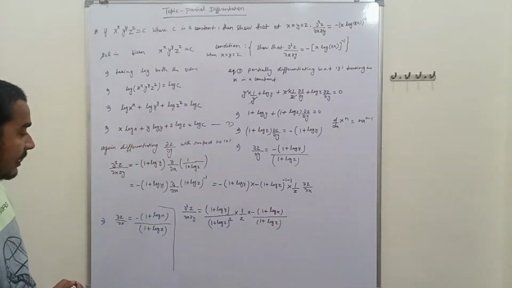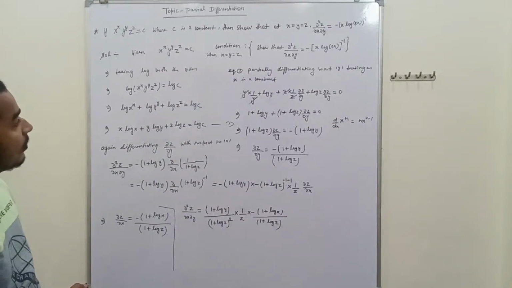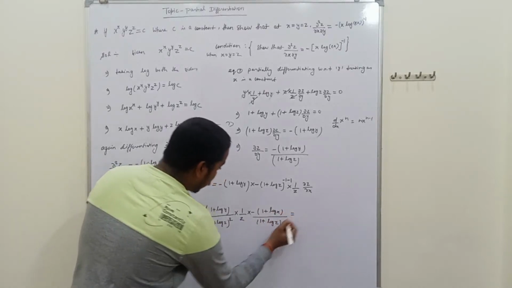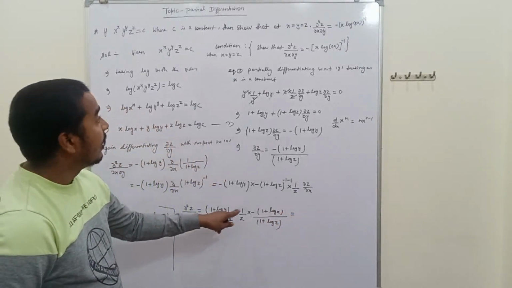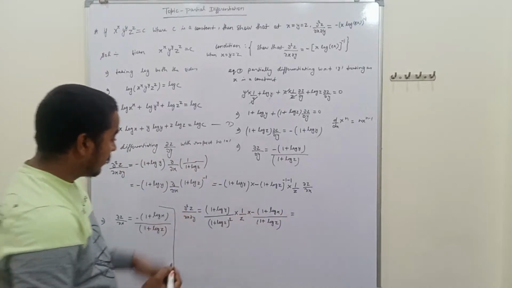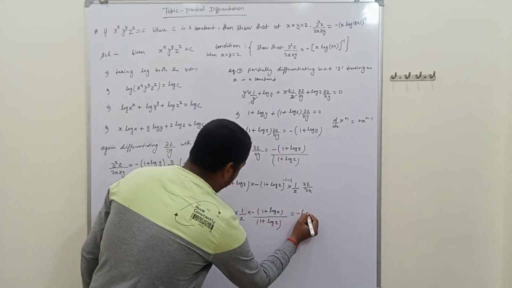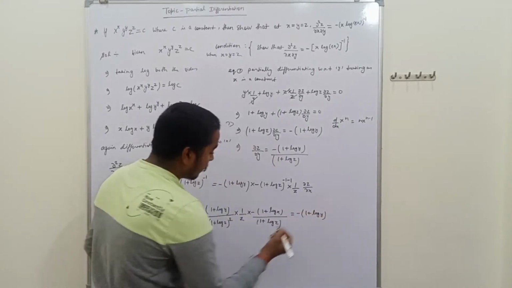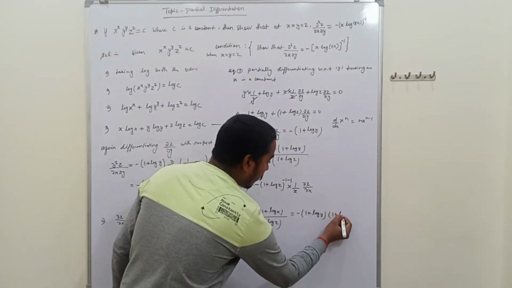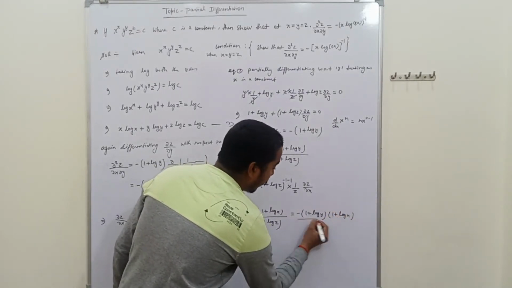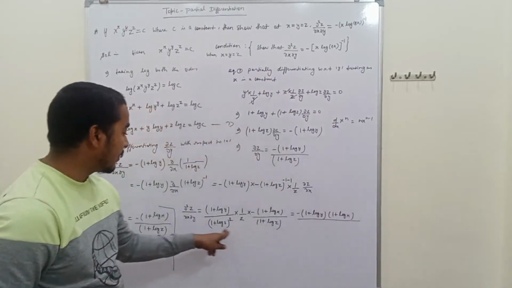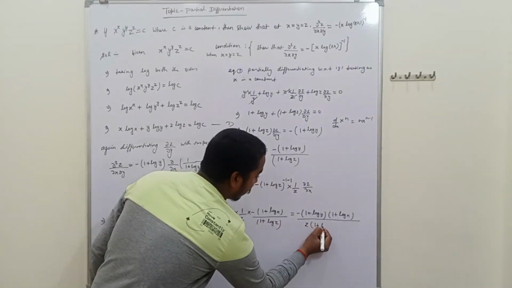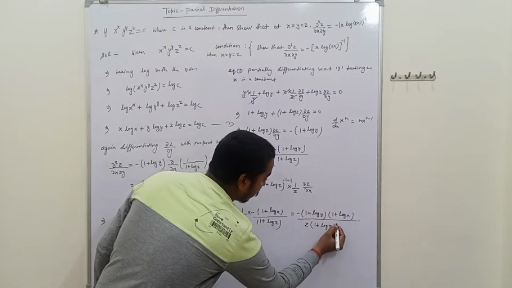Further we have to write once again 1 plus log y and 1 plus log x, that is minus of 1 plus log y into 1 plus log x upon z, 1 plus log z and 1 plus log z whole square, that is z into (1 plus log z) whole cube.